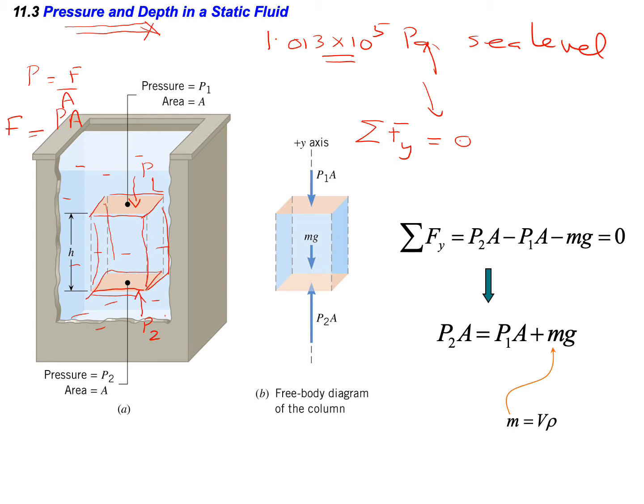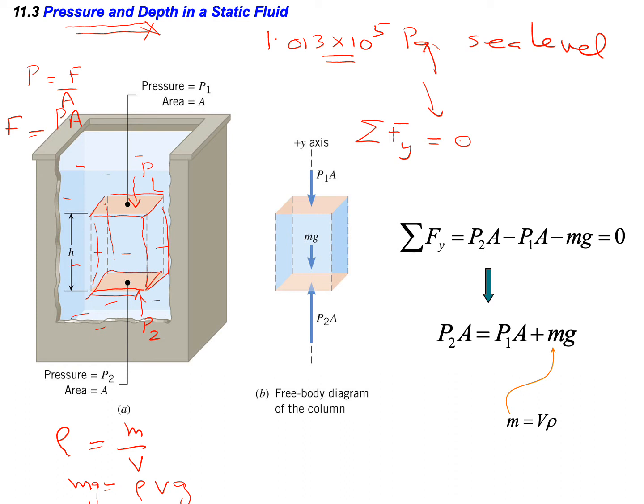This cube made out of the same fluid has a density, and therefore it has a weight, because density is mass over volume. If you multiply density by volume, we get mass. The weight force is mg, so mg is rho, the density, times the volume of the cube, times g, gravity.